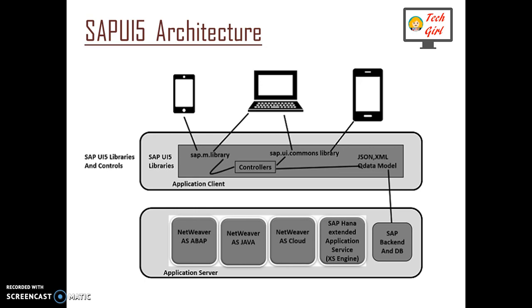And from this database we can fetch the data which we want at that point of time in the form of a model. So the three types of models are JSON model, XML model, or OData model. We can use any model out of it. Then from these models, the controller fetches the data and puts it in the views.